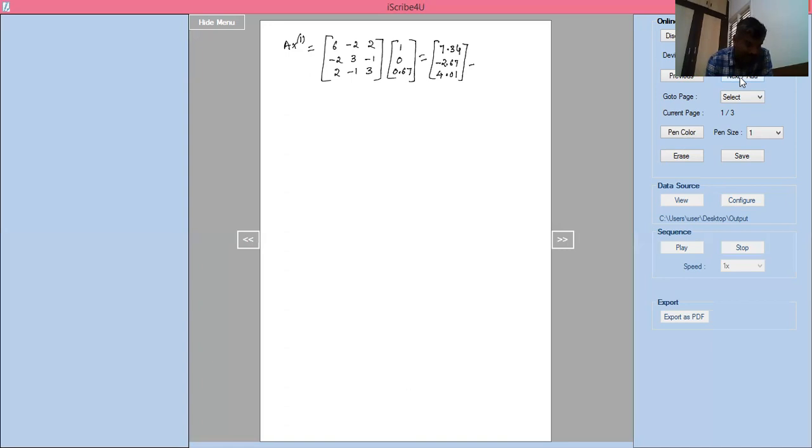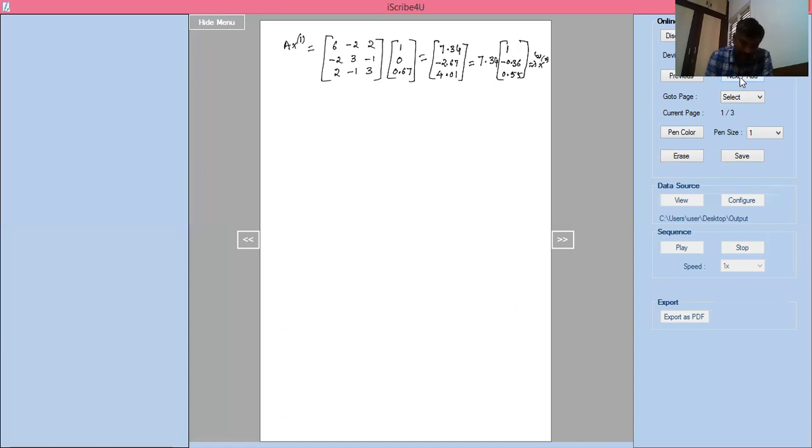If I take 7.34 outside, the elements you get are 1, then 2.67 divided by 7.34 is minus 0.36, and 4.01 divided by 7.34 is 0.55. This one I will take as lambda 2 into x2.